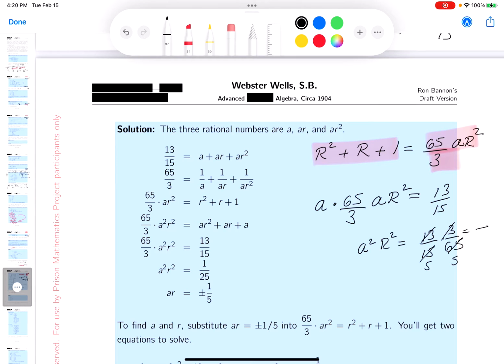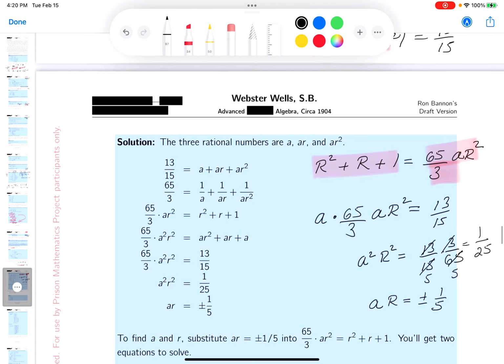So I found something. I'm not sure it's going to help me, but it sure is compact. So what did I get? I got A squared R squared equals 1/25th, which really means AR is equal to plus or minus 1/5.